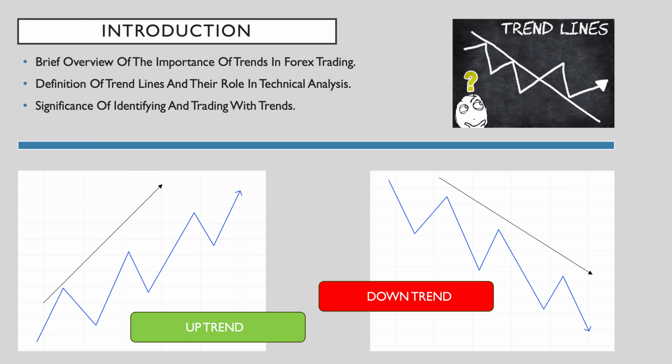In every price chart, on every currency pair, there is always a trend, and it's advisable for you to locate this trend before you begin to trade. And that is where the bullish and bearish bias come from.